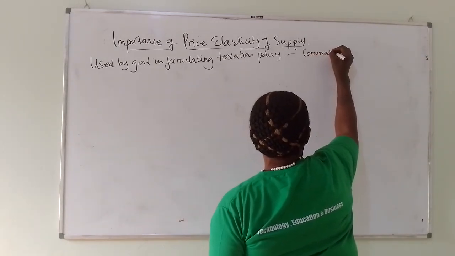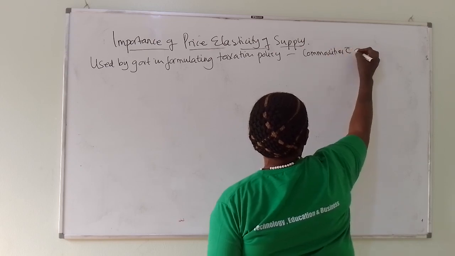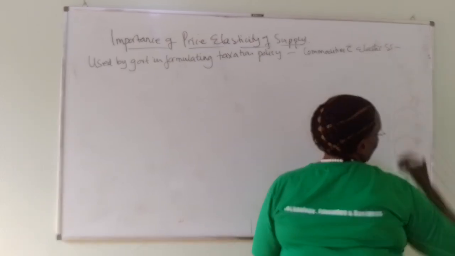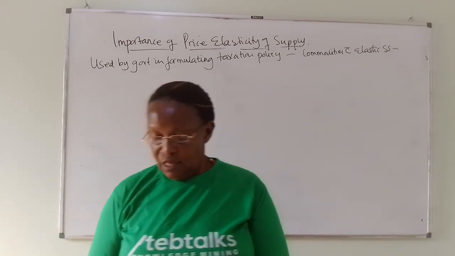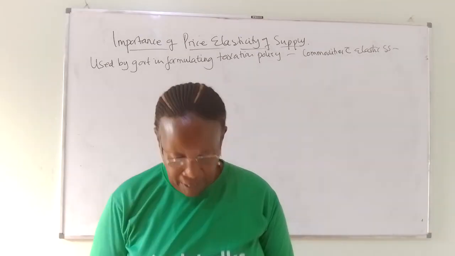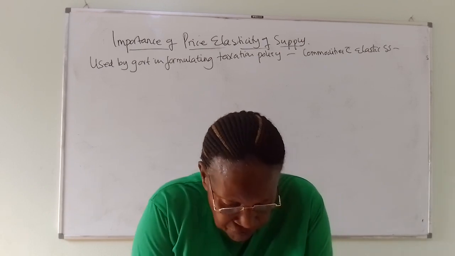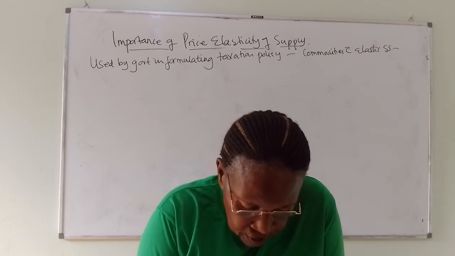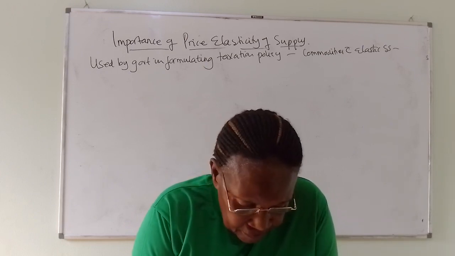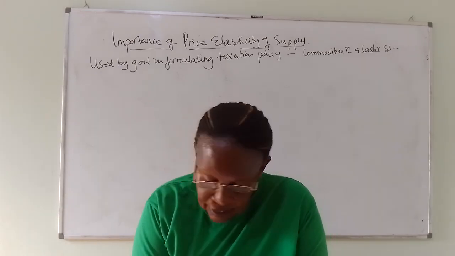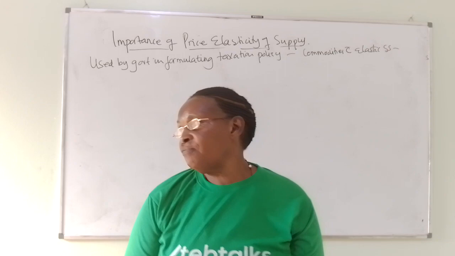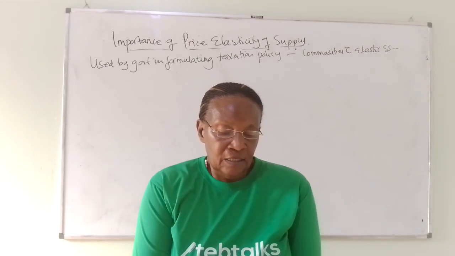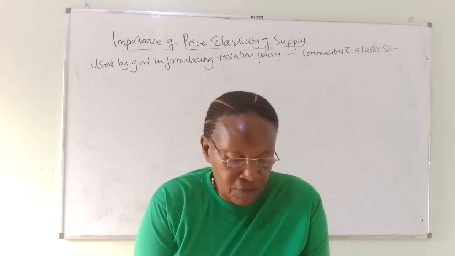Commodities with elastic supply will not be taxed heavily by government because they are, in most cases, desired by the society. So more tax revenue is got by the government from taxing those goods whose supply is inelastic. And you find that for those which are inelastic, usually the taxes are low because the government knows that it will not be able to have their supply increase, and that will be affecting the producer's profitability.